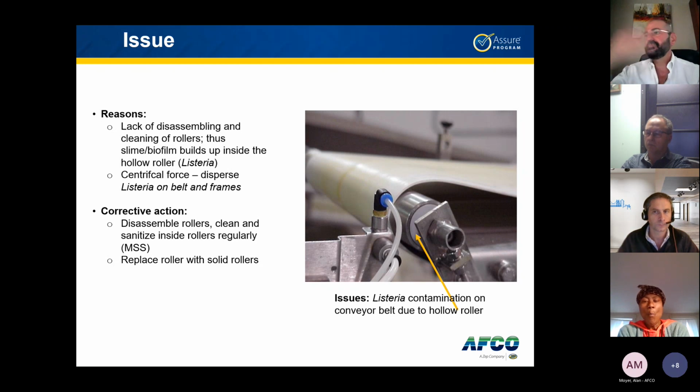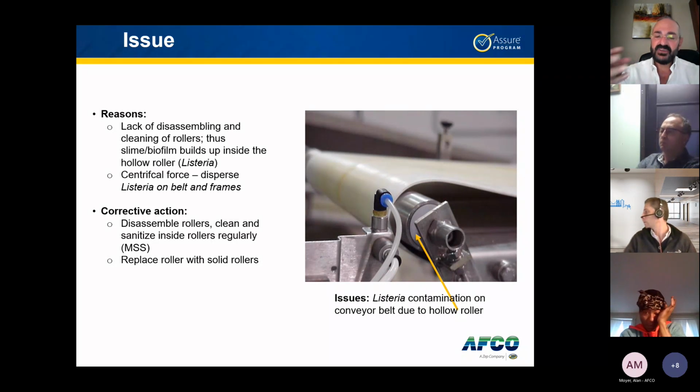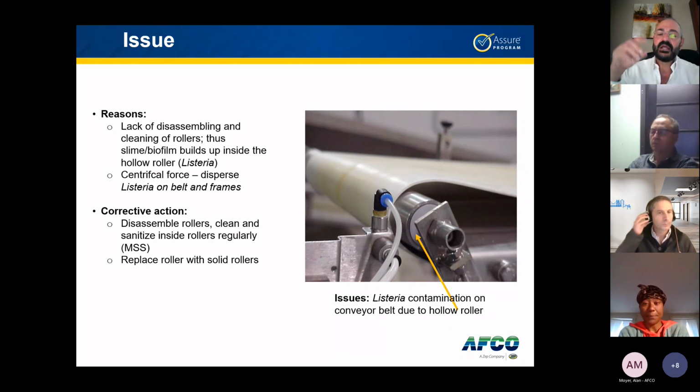So when you clean all the equipment, you test the surface, everything is negative. You run the belt, you test the roller and the belt again, and they are positive with listeria, and you don't know why. Well, because the bacteria in the biofilm inside the roller got out of the roller because of the centrifugal force.